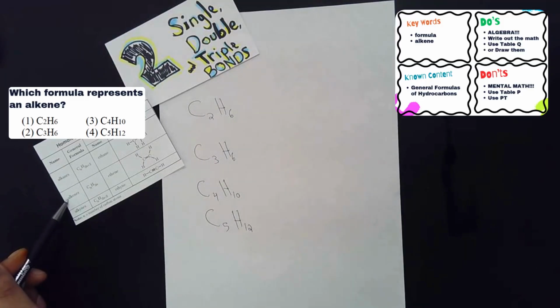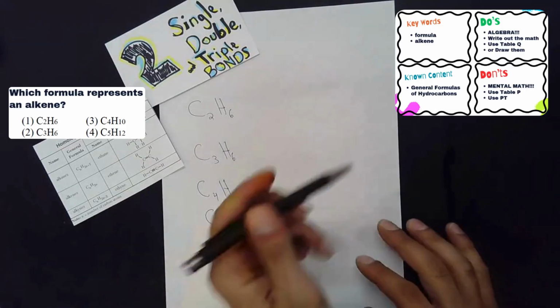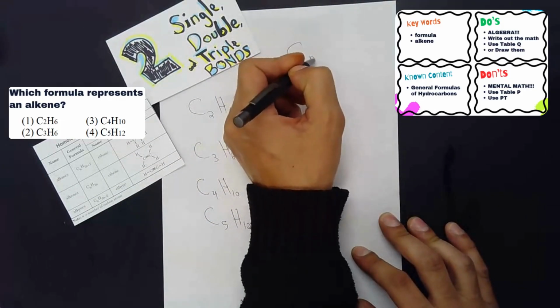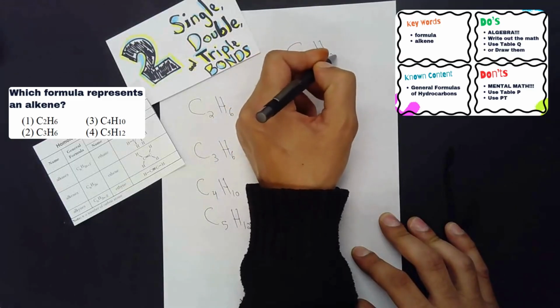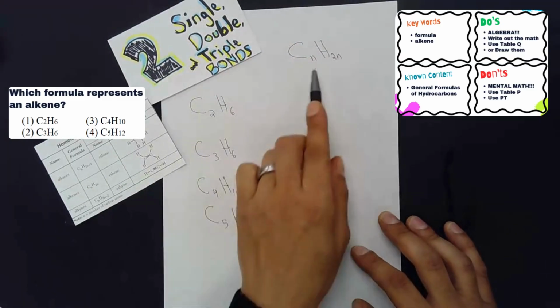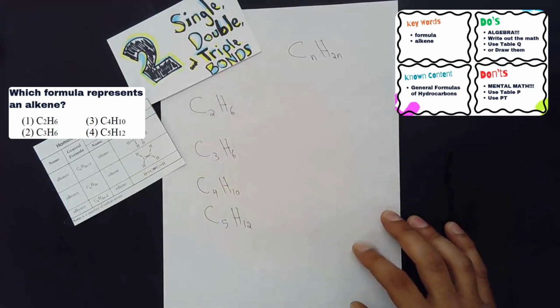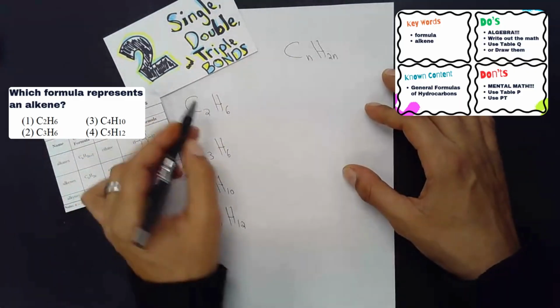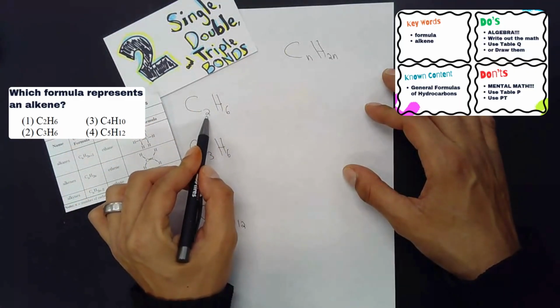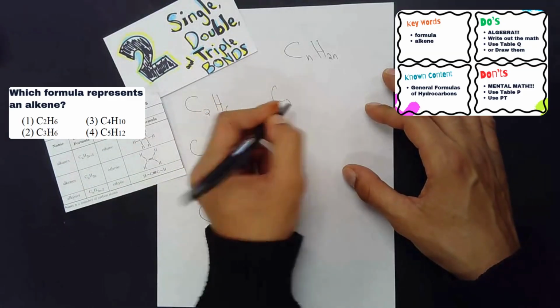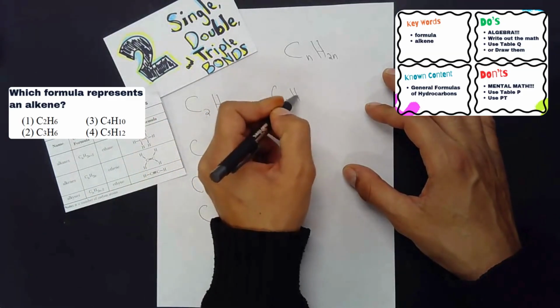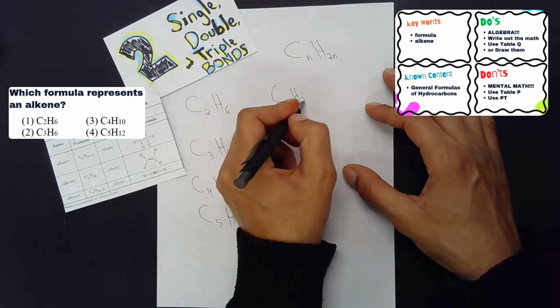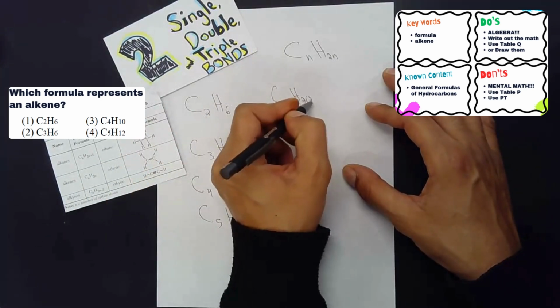So our alkenes are represented by the general formula of CnH2n. So we are going to determine which one of these fits in that formula. With our first formula, we have 2 carbons, C2, H2 times 2.